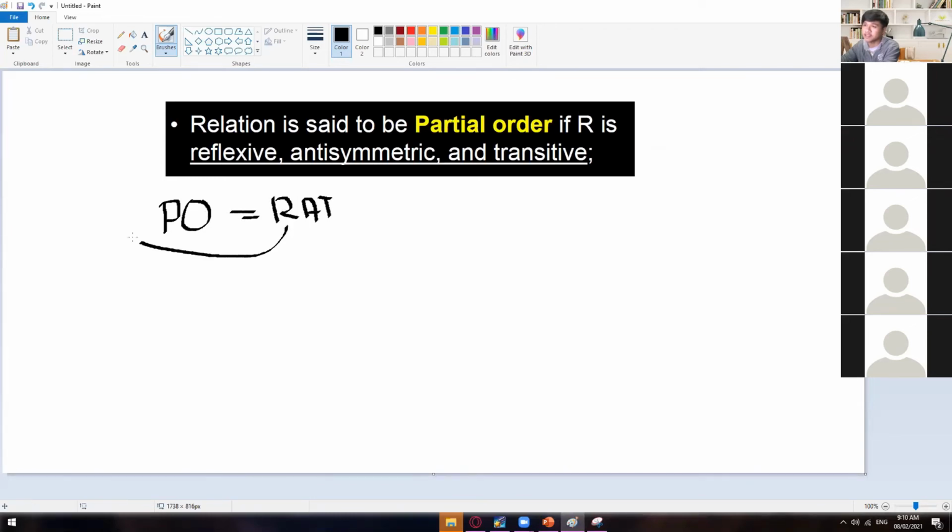So what is this RAT? It's reflexive, anti-symmetric, and then transitive. I just came up with this RAT for you to have an easier way of memorizing the conditions. Okay, R for reflexive, A for anti-symmetric, and then T for transitive.